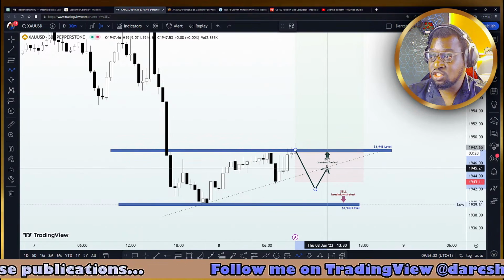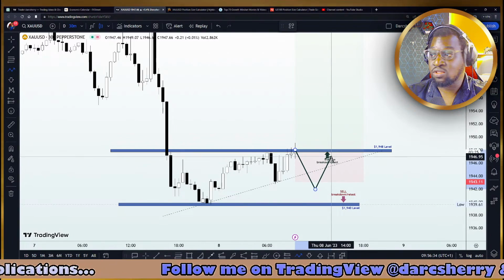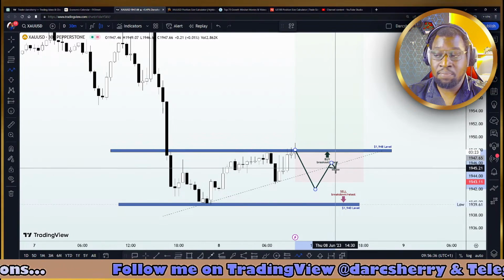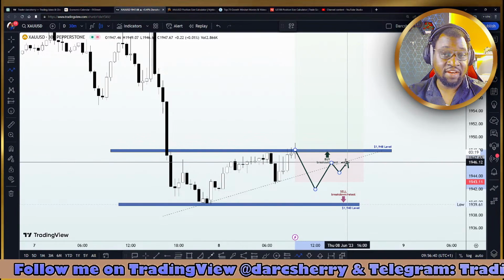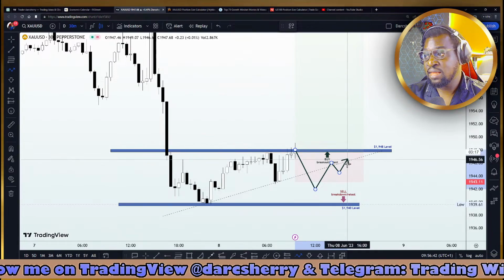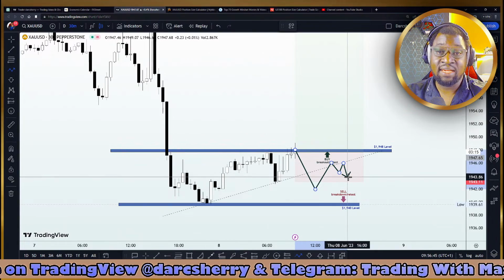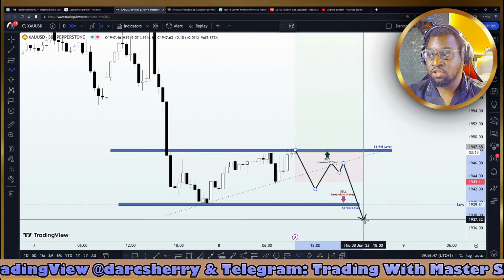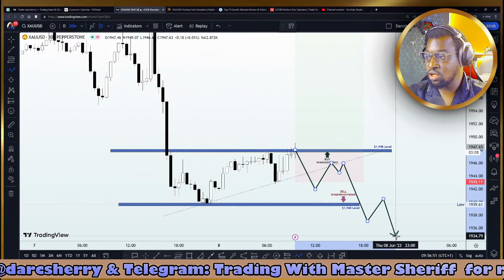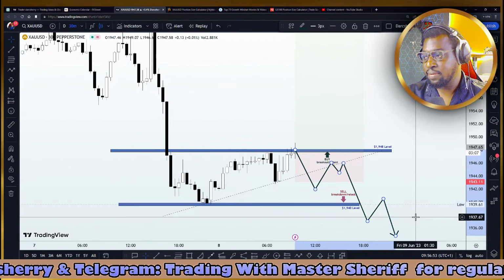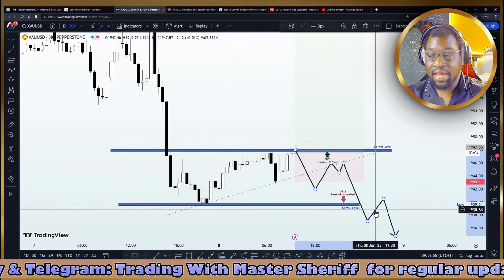It could be the retest of this trend line, retest of this 1,948, but most importantly, I want to see selling pressures, signs that buyers are finding it difficult to climb above. Then at this point, I want to consider selling. Then have a sell stop order again below the 1,940 to maximize the potential of this bearish momentum to the downside. So this is how I'm going to be trading the XAUUSD today.